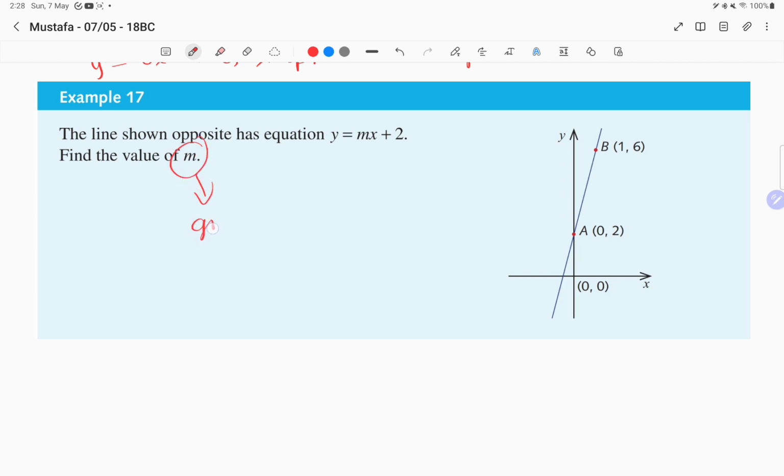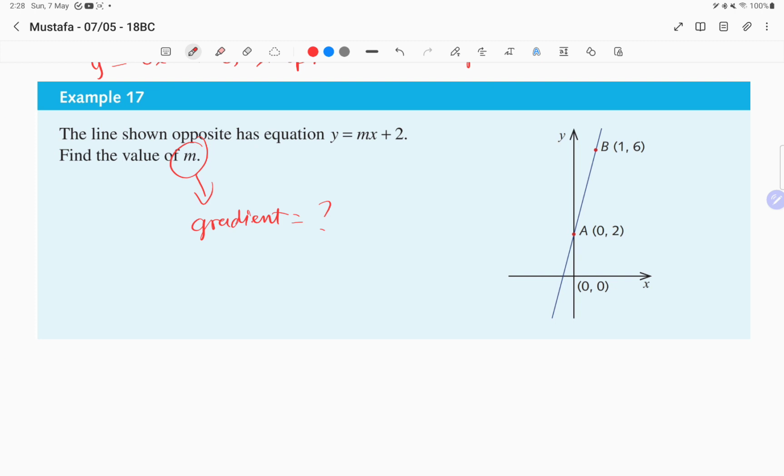Is there another way to find the gradient? Well, y equals mx plus c. We already know what the y-intercept is, but how do we find the gradient? There is another way to find gradient.